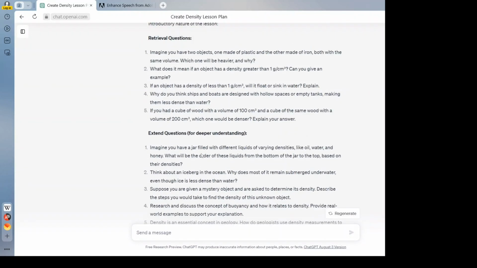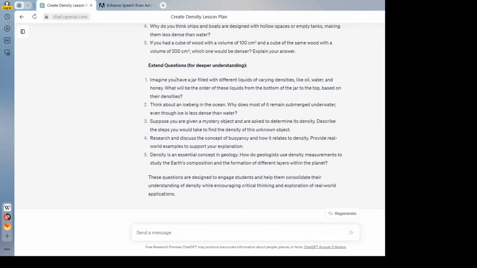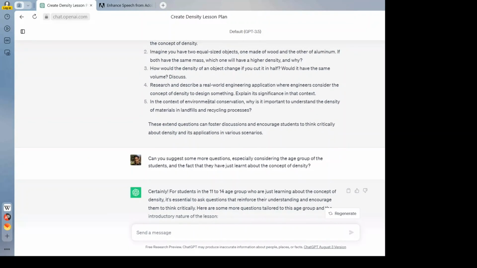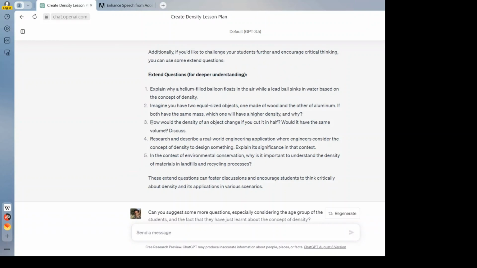I don't need any more retrieval questions, so let us focus on these extend questions. I think these questions are too complicated, and let us go with this one.